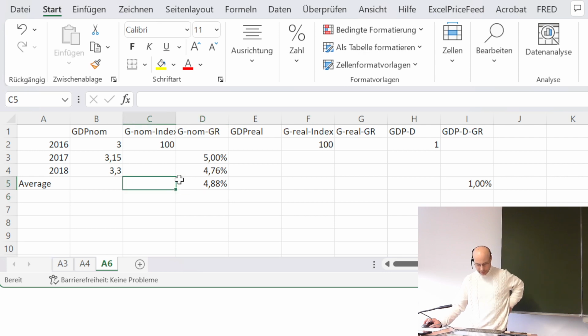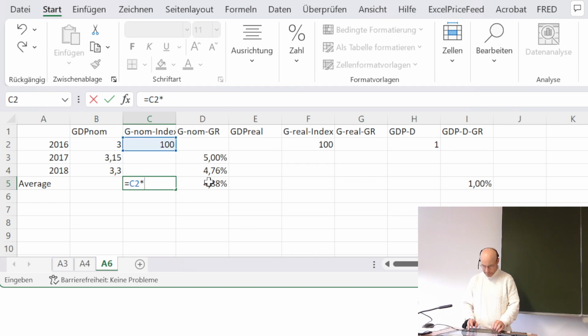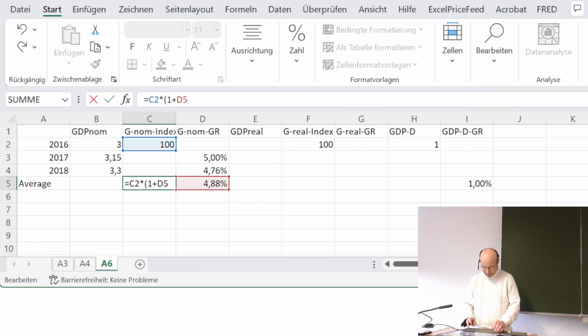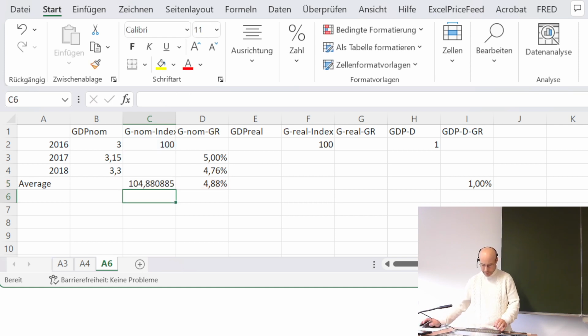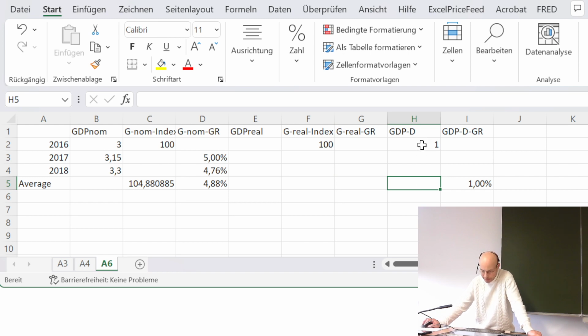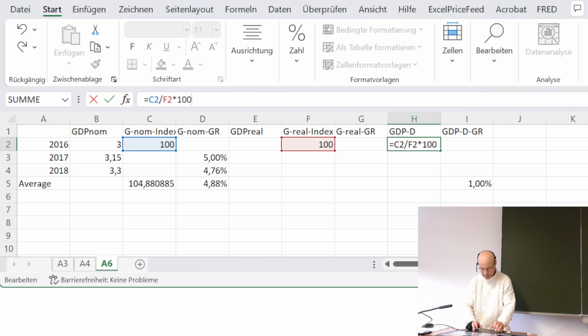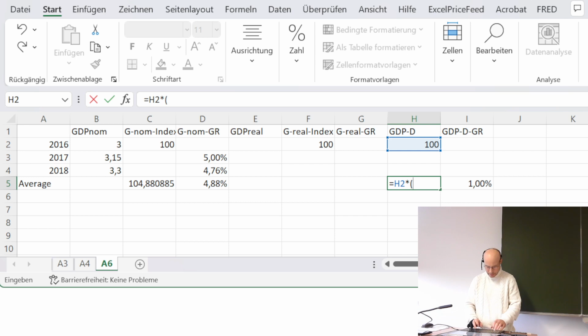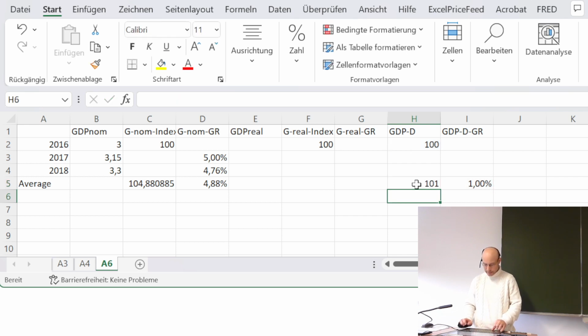So this would mean that on average, our index has risen from 100 to 104.88, that is, 100 times 1 plus the growth rate. And we also know our GDP deflator, times 100 is missing. The GDP deflator moved up from 100 to 101. On average it has grown by 1%, so it equals this times 1 plus 1%, which is 101.